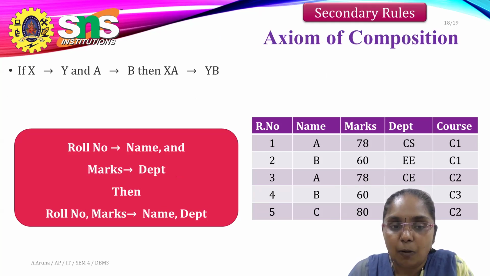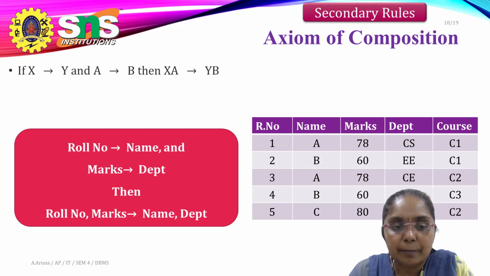The next thing is composition. Composition is nothing but adding different components on both sides. For example, X determines Y and A determines B. We can combine both the LHS part as well as the RHS part. Through that, we can determine XA determines YB. This is my determinant and this is my dependent. Similarly, roll number determines name and marks determines department.